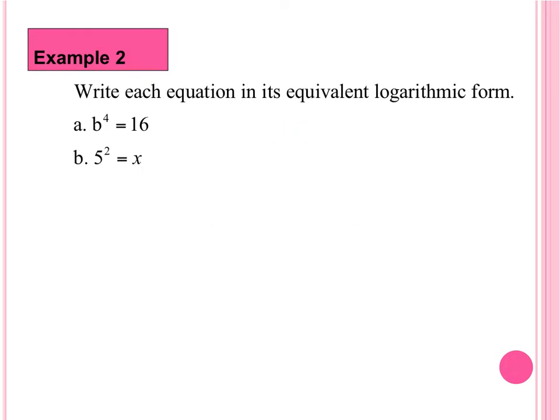So for this one, we're going from exponential form to logarithmic form. I like to write the equals first. We have 16 is equal to b to the power of 4. We know our log base b is what stays in the middle. Our 4 goes out front, and our 16 goes behind. Same thing with part b.